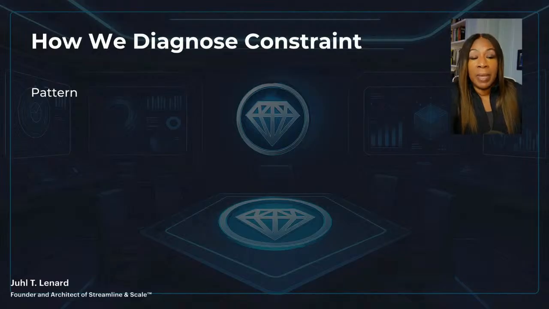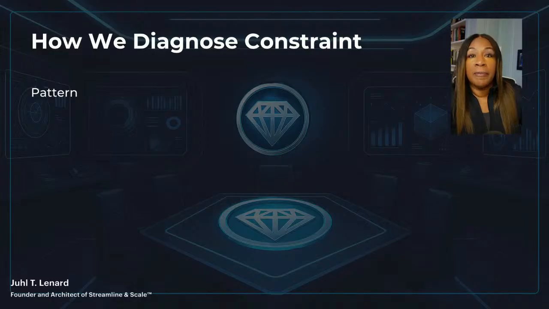If we were in manufacturing, we could see things move down the line. But in a service business, we don't have the same luxury of visibility. So we identify a pattern within the work that allows us to determine which domain the constraint could exist in.